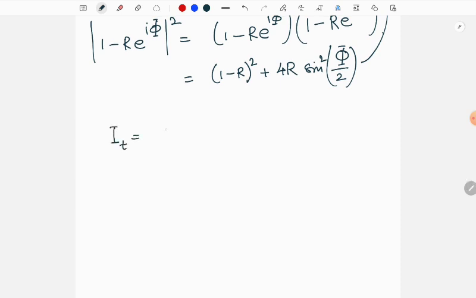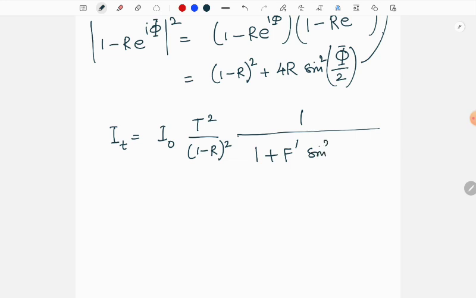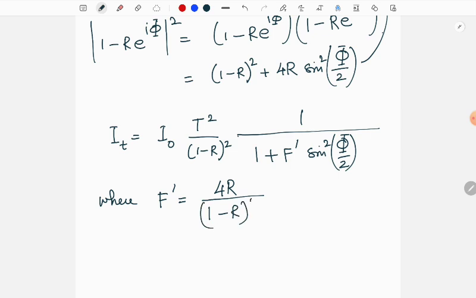The standard way of representing this equation is I equal to I naught T square by 1 minus R whole square, times 1 by 1 plus F prime sine square Phi by 2, where F prime is nothing but all the reflectivity terms in here, whole square.